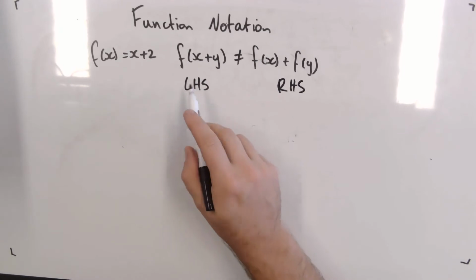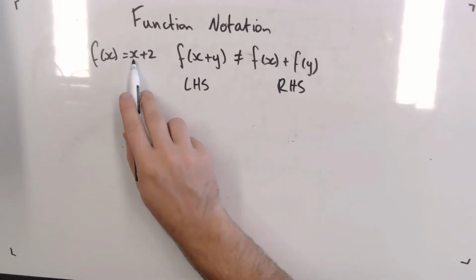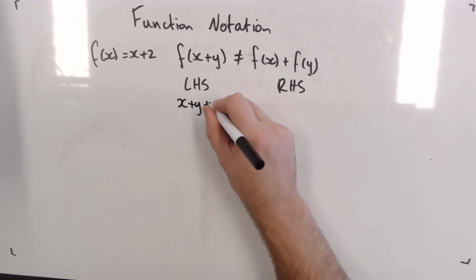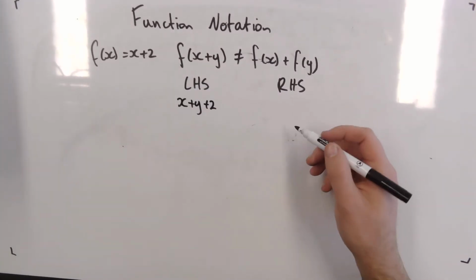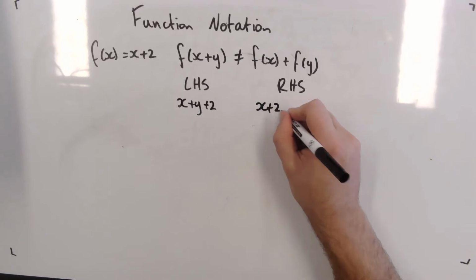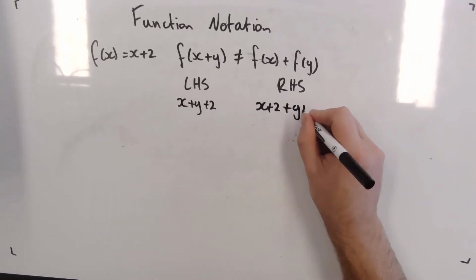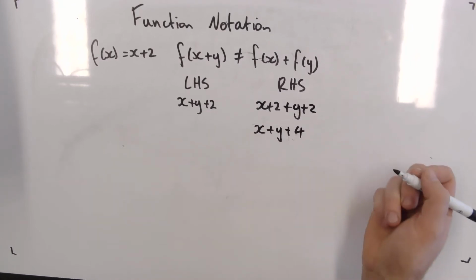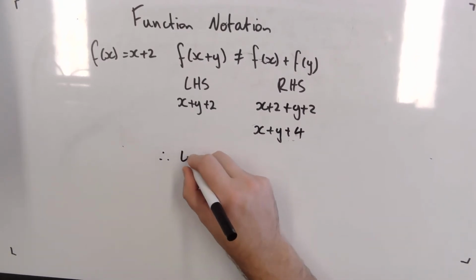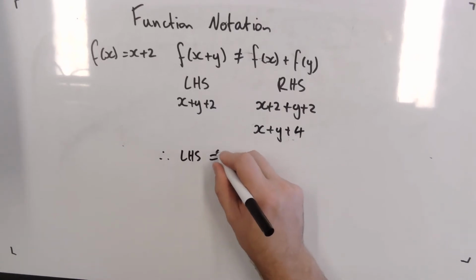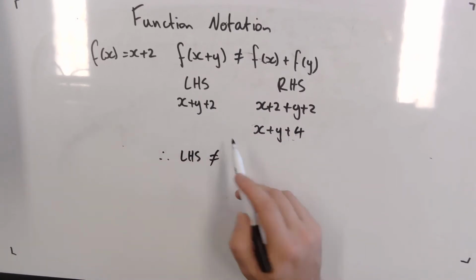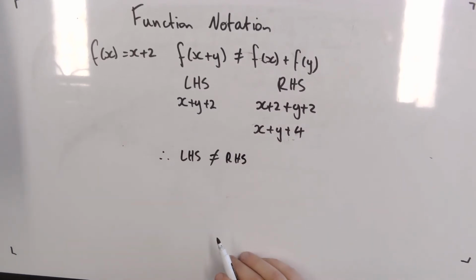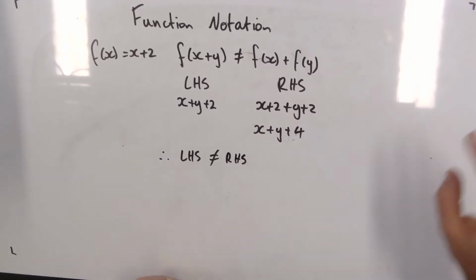Our left hand side is going to be, we've got an x, we're going to put in x plus y, so we've got x plus y plus 2. For our right hand side, we're going to have x plus 2 plus y plus 2, which we can say is x plus y plus 4. So we can say, therefore, our left hand side does not equal our right hand side, since our right hand side has plus 4 and our left hand side has plus 2, as required.